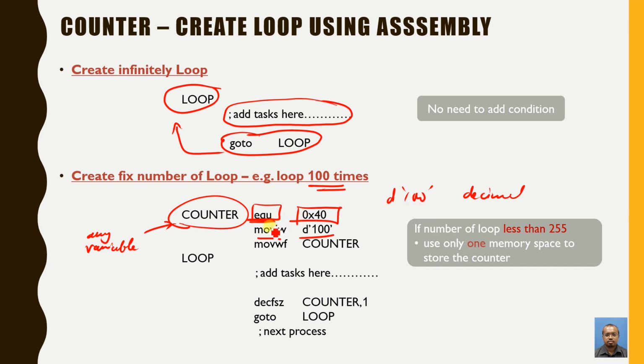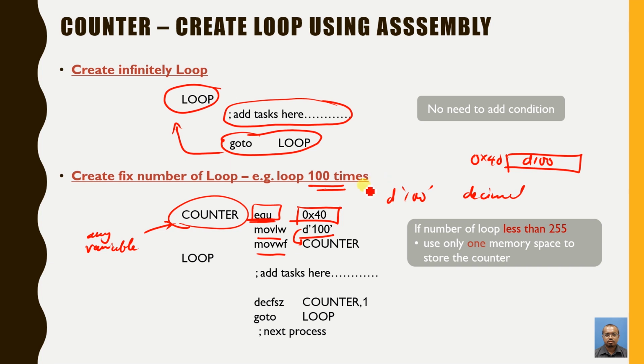And then MOVWF, meaning you move 100 to the counter, so you save it in the counter. 0x40 is the address, and the data is D'100'. In hexa, I don't know, you have to press the calculator and see what's the right number for hexa.